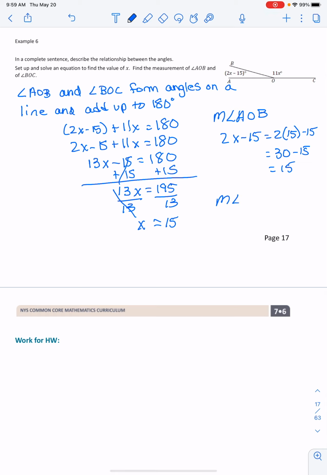And the measurement of BOC is 11x, or 11 times 15, which will be 165 degrees. That ends our lesson for today.